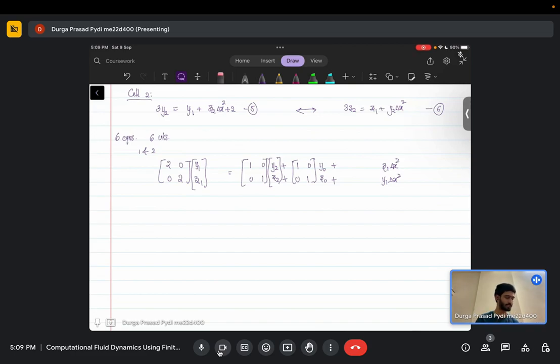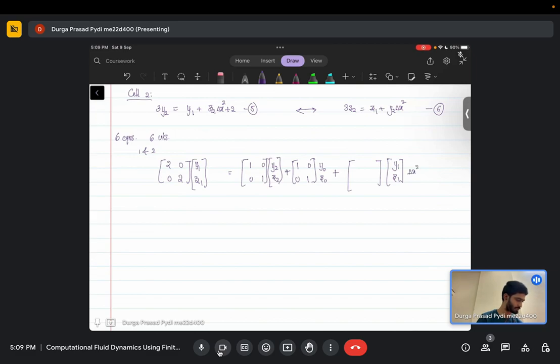Since we want expressions in terms of y1 and z1, maybe I'll write this in a slightly different way. So I write it as y1 z1, delta x square.